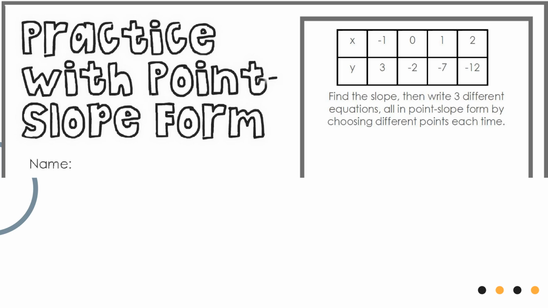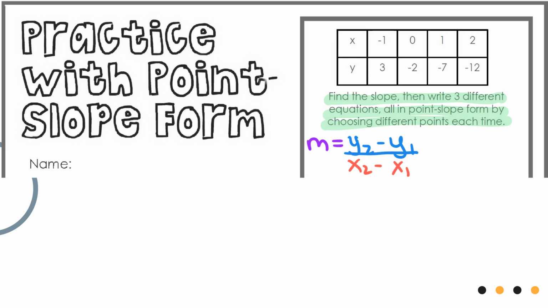So here's some practice using the point slope form. We first find the slope, then write 3 different equations, all using the point slope form by choosing different points each time. So we need to first find our slope, and our slope, if you recall, m, is equal to y2 minus y1, all divided by x2 minus x1.